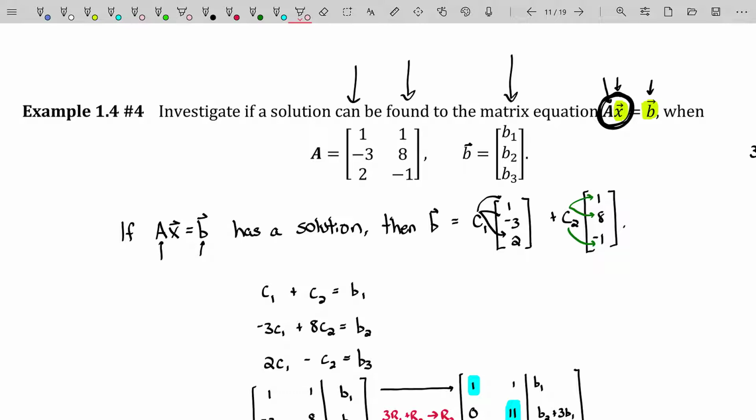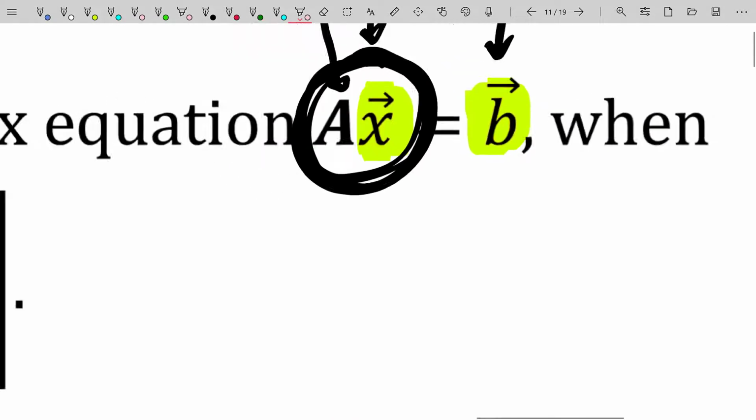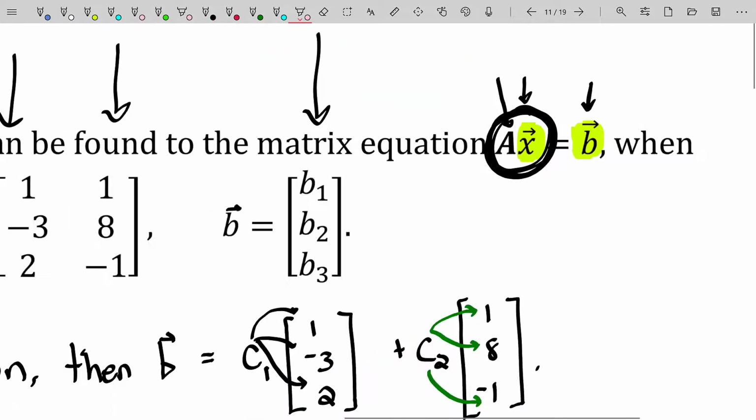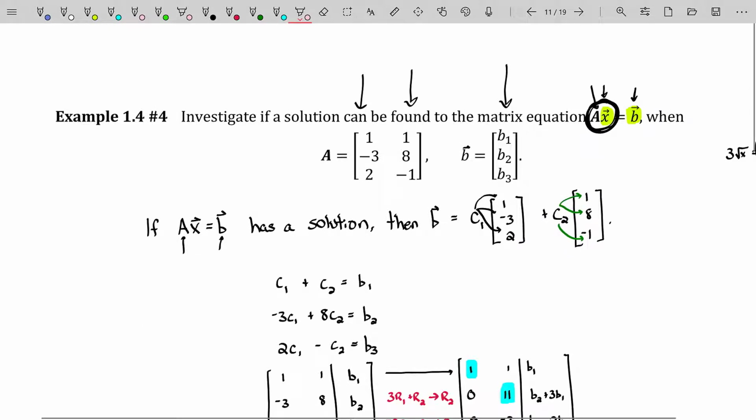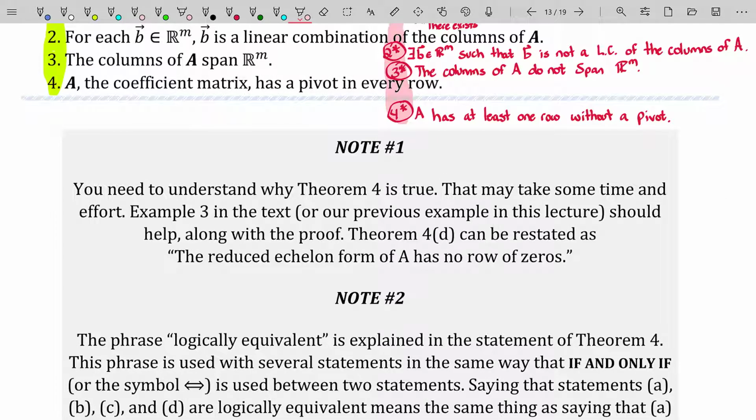Remember, B has to be in the span of the columns of the matrix A. And if the columns of the matrix A don't span all of your space, Rm, then you could accidentally choose a right-hand side vector for which this equation would have no solution. If you need a review of that, it is the video right before this in the playlist. But anyhow, that example should help along with the proof.